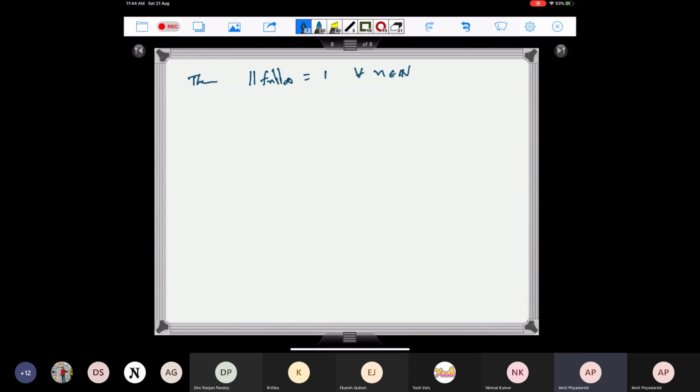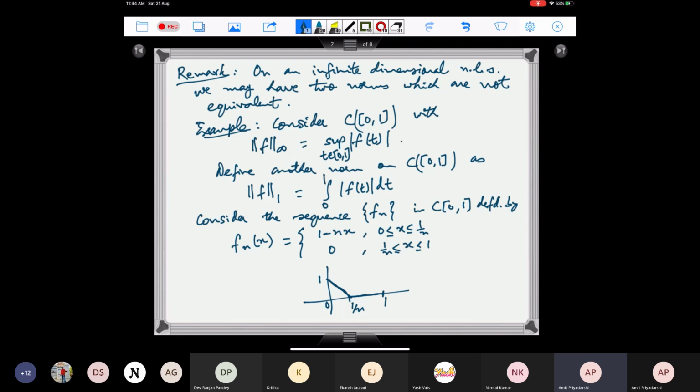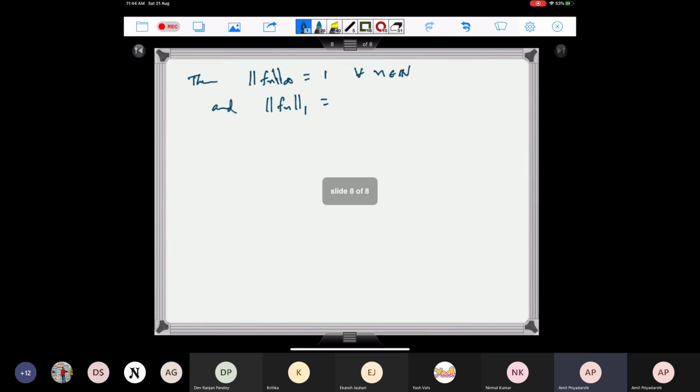What about the 1 norm? How do we define the 1 norm? This is the integral of mod f_n(t) dt. So the integral will be the area under the graph of this function. What is the area of this? That is equal to the area of this triangle. Height is 1 and the base is 1 by n. So this is equal to 1 by 2n.